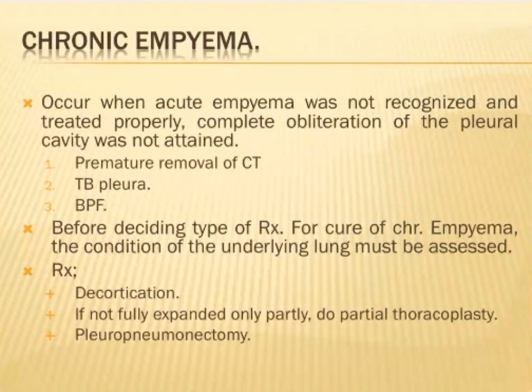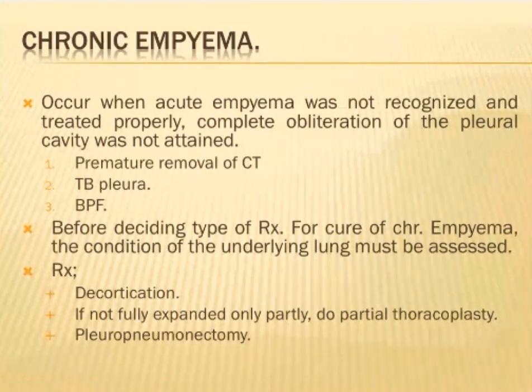By what? By a proper history and diagnosis and proper treatment. Besides that, you should keep the patient under observation until complete eradication of this empyema. After that, it will lead to the cure.